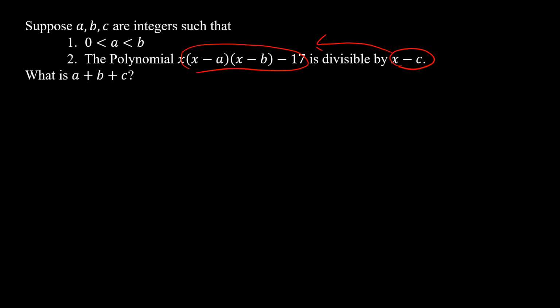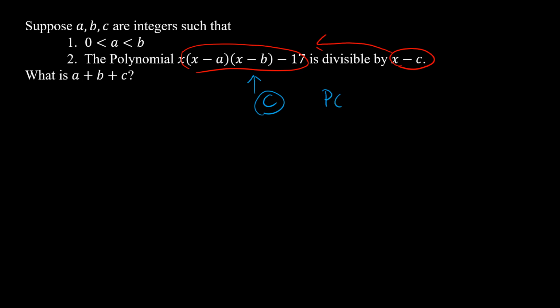And how do we solve this? So we can apply a theorem. We know that if we plug c into this, the whole thing is 0, because c is a root. According to the theorem, c is a root of this polynomial.